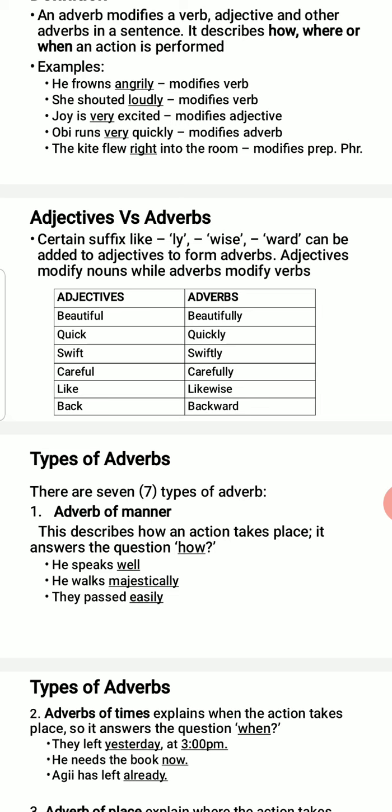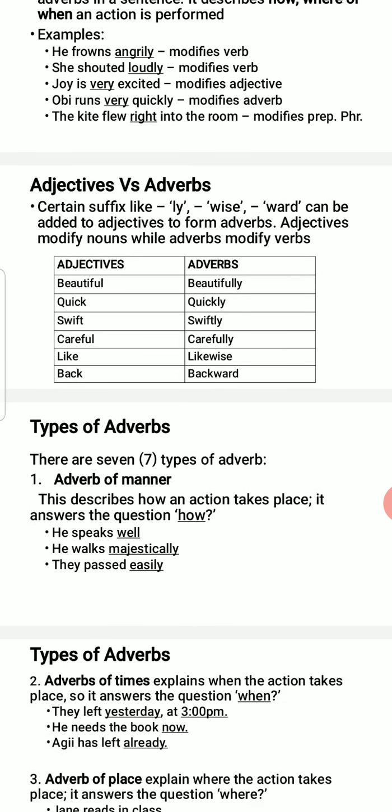We may try here to find out ways we can form our own adverbs. I've given you some adjectives here. I said before that the previous lesson we studied was an adjective. So from there I got some of these adjectives.